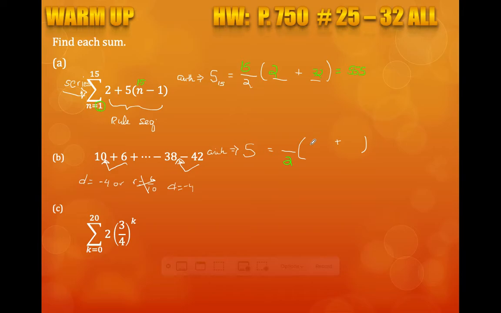I can put in the first term, and I can put in the last term, but what I don't know this time is the n, right? So you have to write your rule. That's why you like summation. The rule is already there. You have to write your rule. Now it's not so bad, right? A sub n is equal to the first term plus, but in this case my d is negative, so minus 4 times n minus 1. And then I have to put 42 in here.